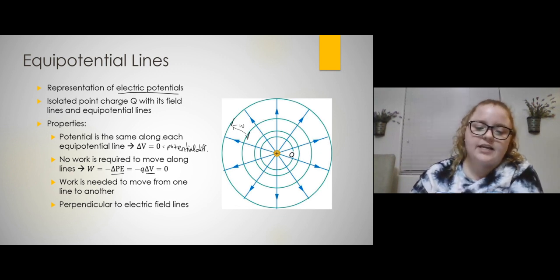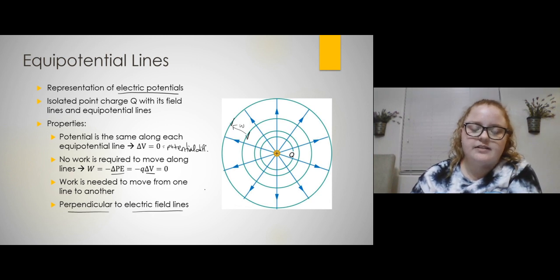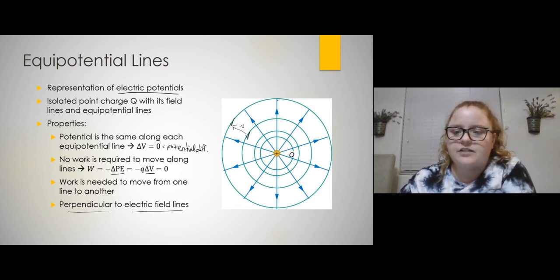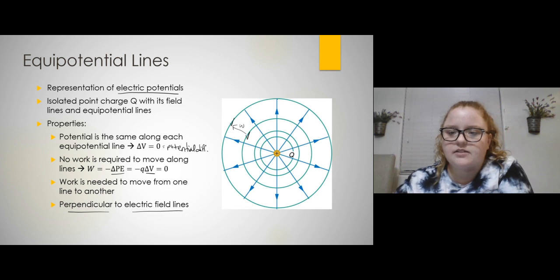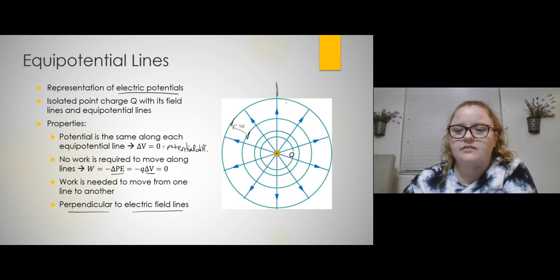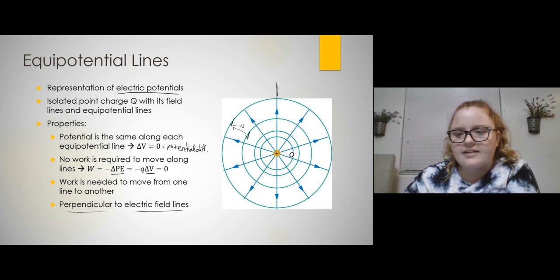One other property is that equipotential lines are perpendicular to electric field lines. As you can see, we have our electric field lines here. If I extend this one here, at that exact point it is going to be perpendicular.